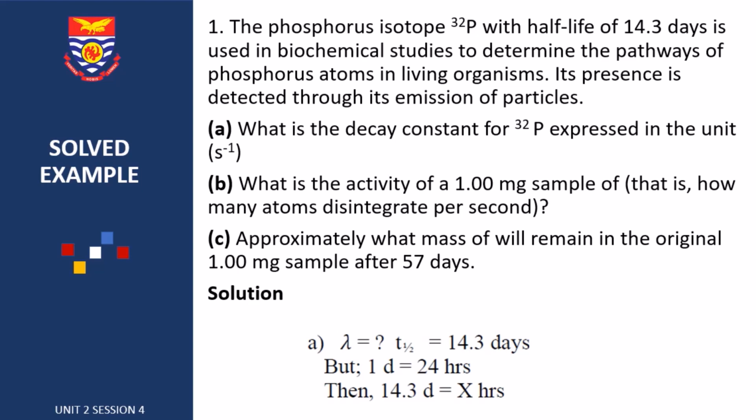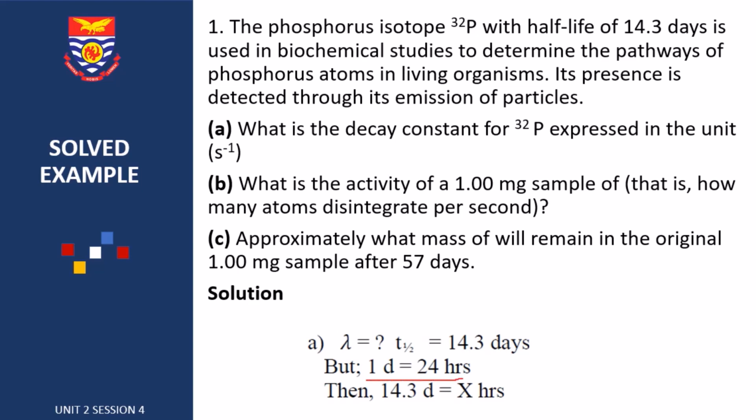We know 1 day equals 24 hours, so we'll convert from days to hours, then from hours to seconds. We begin with 1 day, which equals 24 hours.